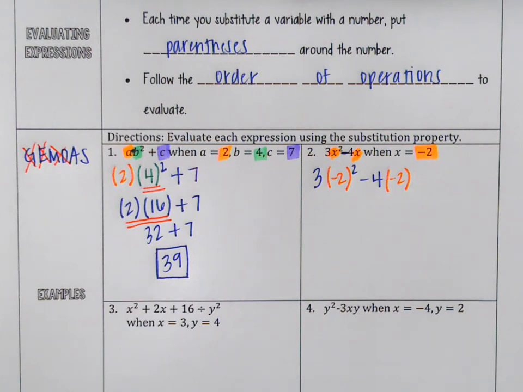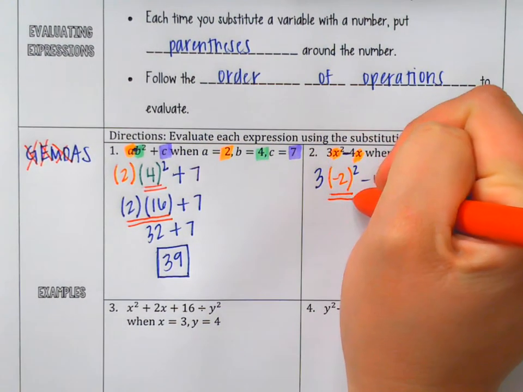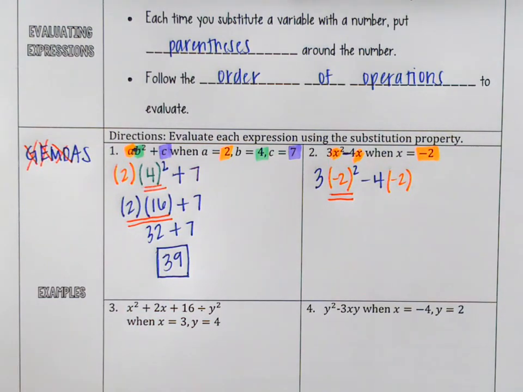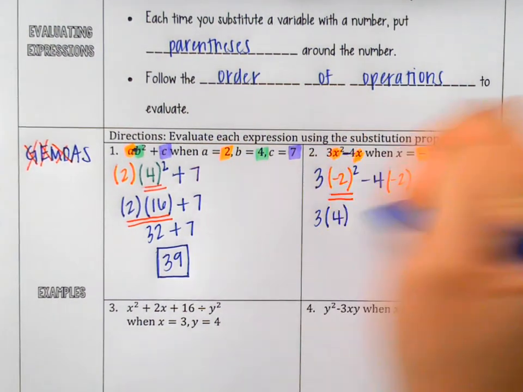So I move on to exponents. We have -2 squared. Be careful with that one, remember, it's in parentheses. So -2 squared, -2 times -2, is +4. We're going to bring that down.